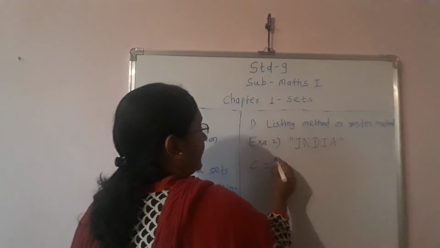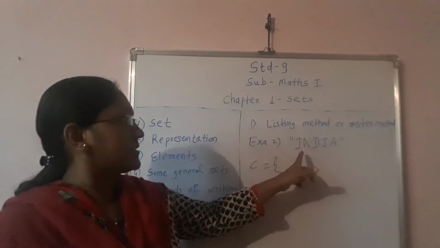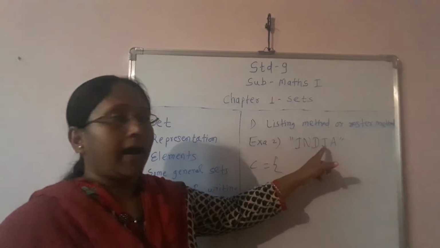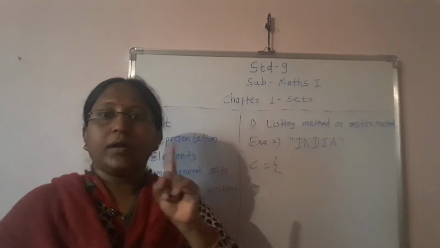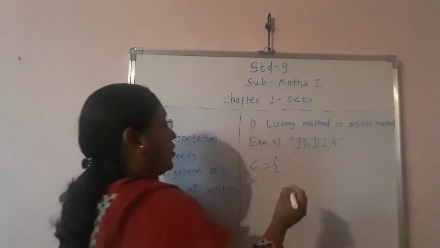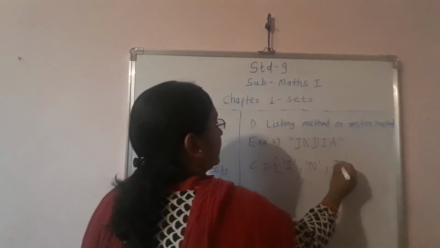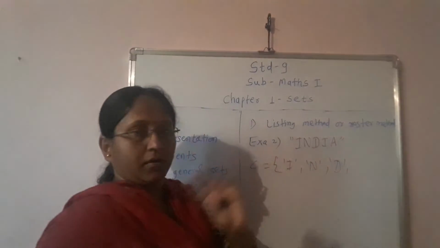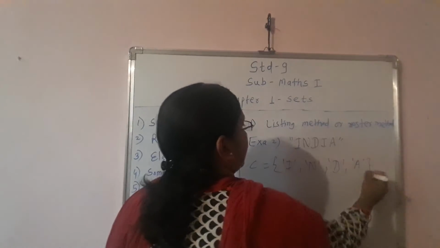I give it the name C, and the alphabets in INDIA are I, N, D, I, A. Here I is repeated, so take it only one time. So I write it as I, N, D, then A.